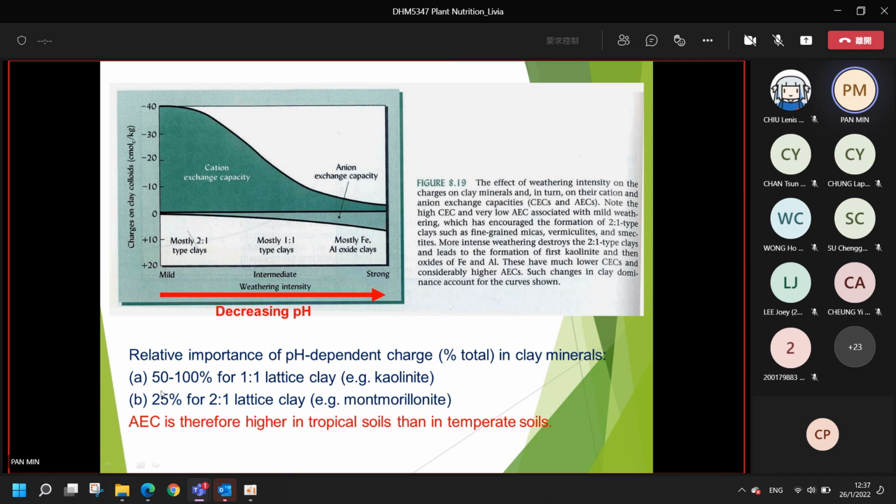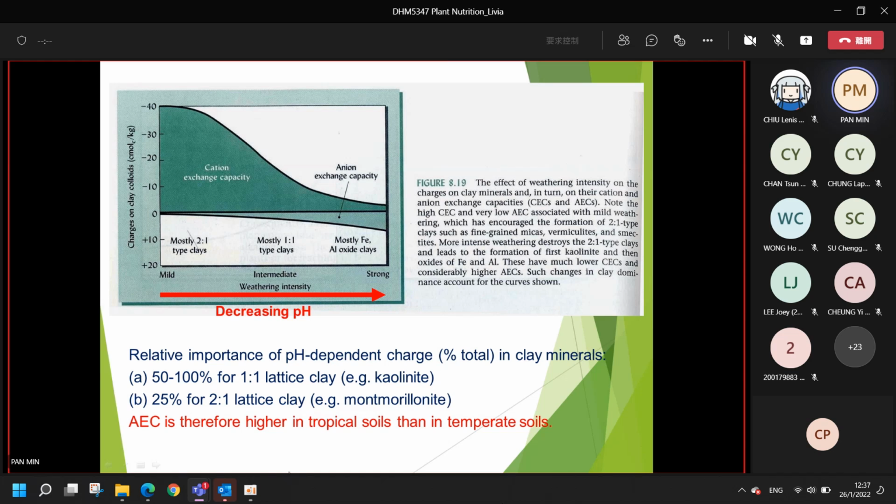The relative importance of pH dependent charge in clay minerals is 15 to 100% for the 1 to 1 lattice clays. As we learned from the structure, in 1 to 1 clays the interface doesn't have much space for binding sites, while montmorillonite is a 2 to 1 structure, with more gap and more space offered to the cations.